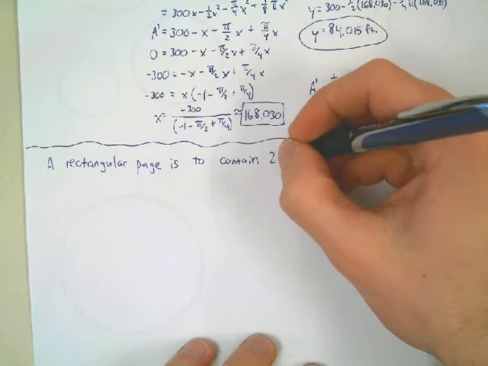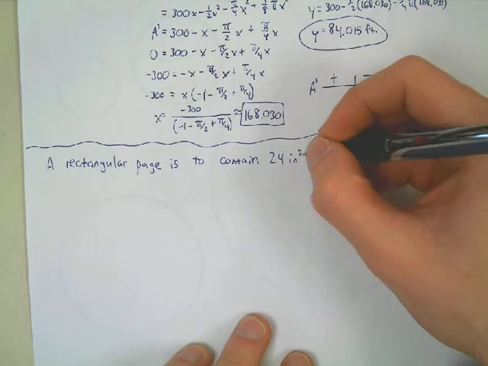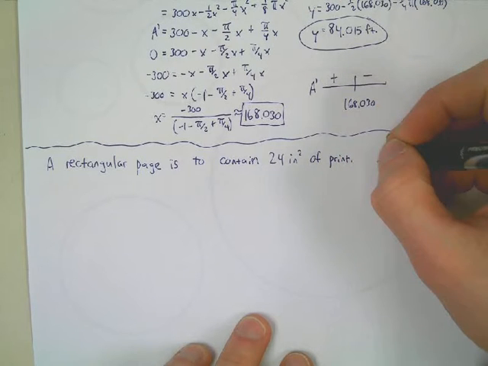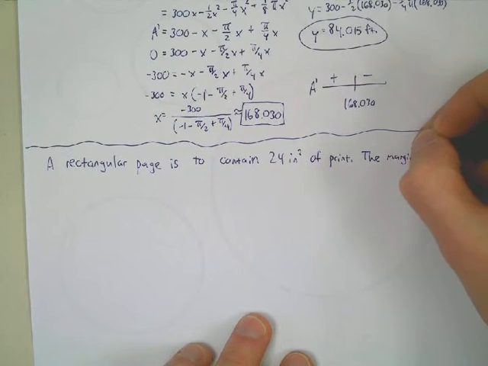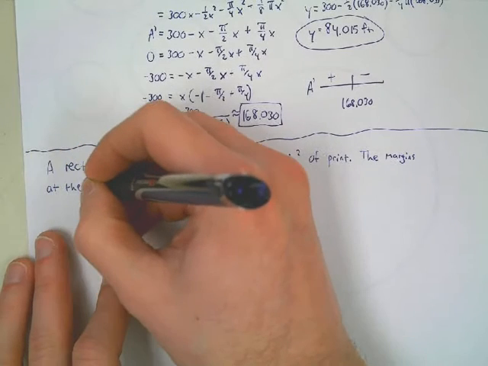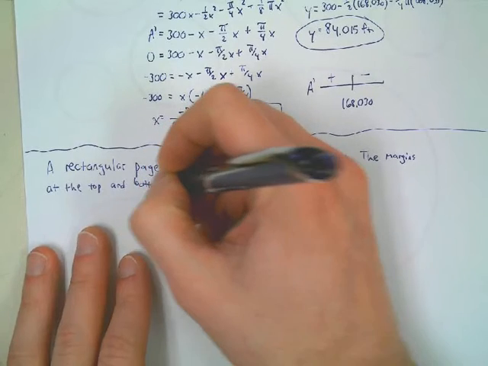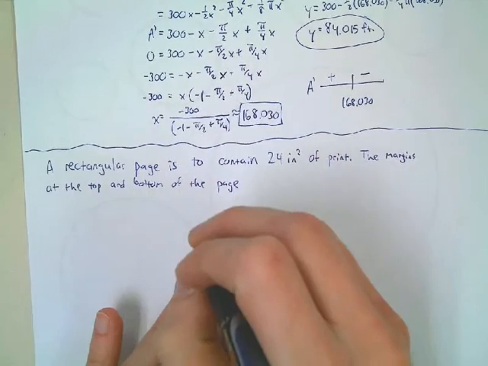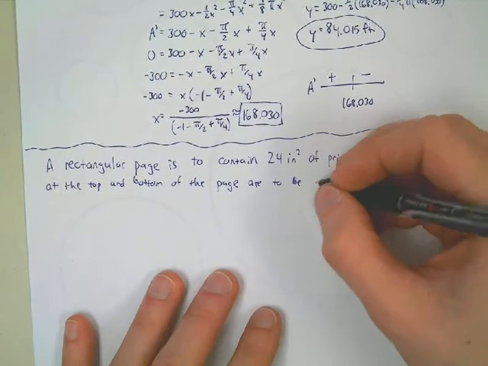Okay. A rectangular page is to contain 24 square inches of print. Okay. The margins at the top and bottom of the page are to be 1.5 inches. And to answer your question, Brittany, I didn't come up with this. It was in the book. Okay.